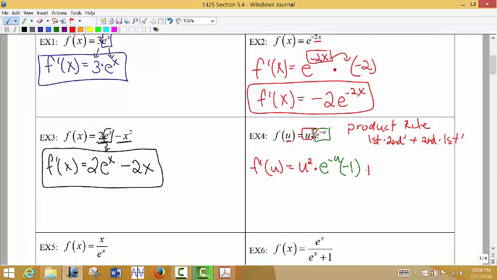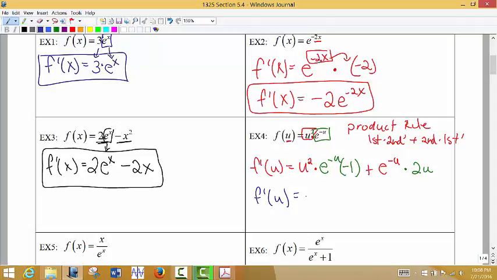Okay, now we're going to add to that the second as is. So we have e to the negative u power. And then we're supposed to multiply that by the derivative of the first. The derivative of the first is pretty easy. It's u squared, so the derivative of that would just be 2u. All right, you can leave that exactly as is, or you can do a little bit of simplification. Probably the most that we're going to be able to do is just bring the constants to the front.